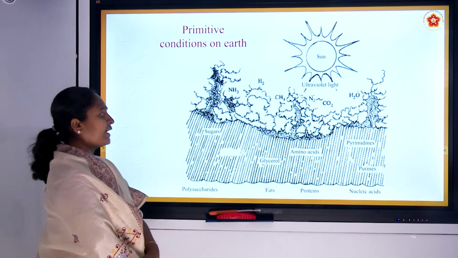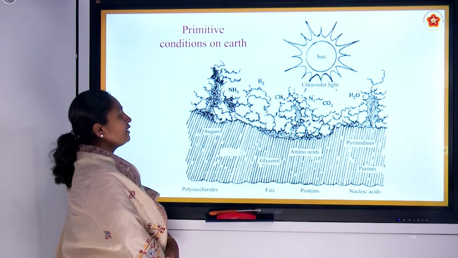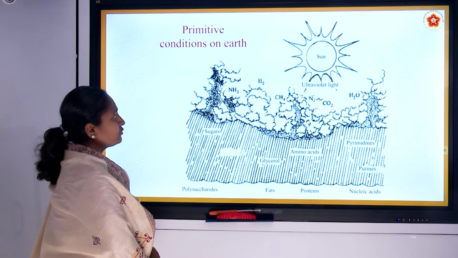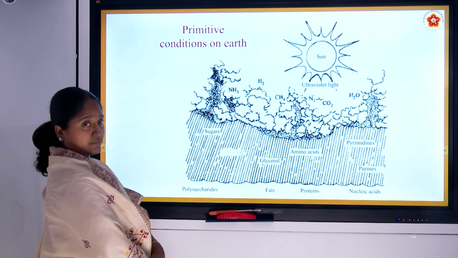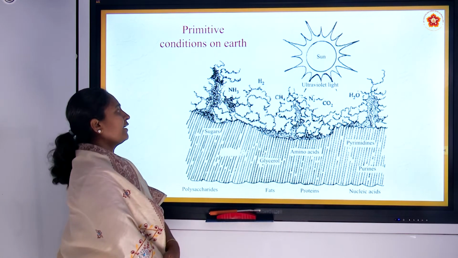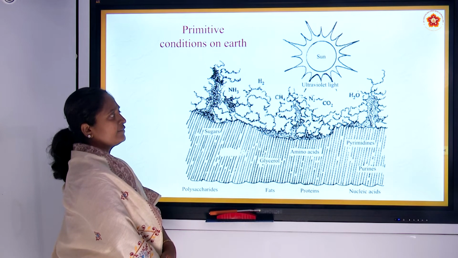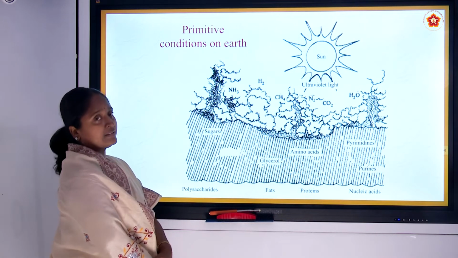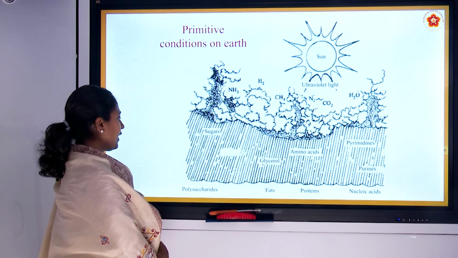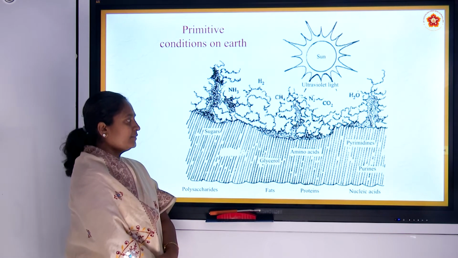You can see a diagrammatic representation from your book which shows how the environment was in the ancient time. Here you can see that the sun was present at that time and was giving out some radiation, and you can see ammonia, hydrogen, methane, carbon dioxide, water vapor, everything present in the atmosphere. And you can see that the primordial soup has formed, with sugar, amino acids, glycerol.